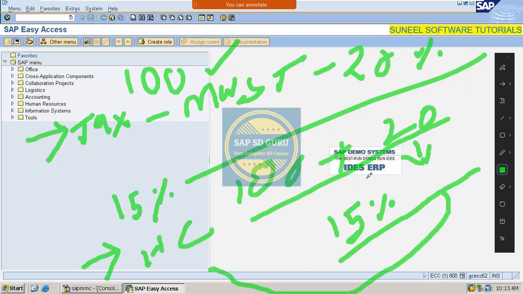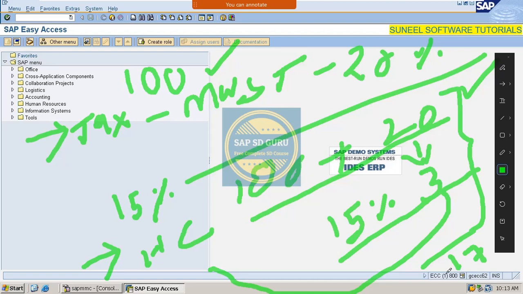What is 15 percent of 20? 10 percent is 2 and 5 percent is 1, so 15 percent is 3. So the other people have to pay 20 rupees as the tax, but the healthcare people have to pay 17 rupees as the tax.